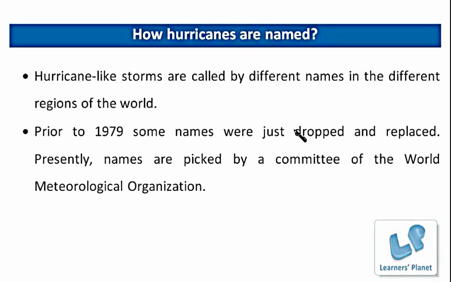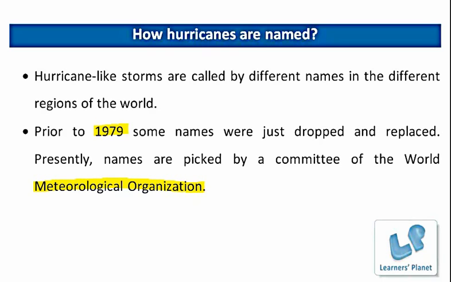If a hurricane occurs in India, then we will name it a cyclone, not a hurricane. Prior to 1979, some names were just dropped and replaced. And presently, names are picked by a committee of the World Meteorological Organization.